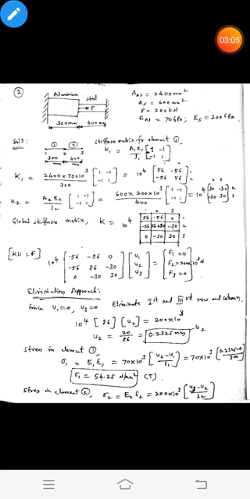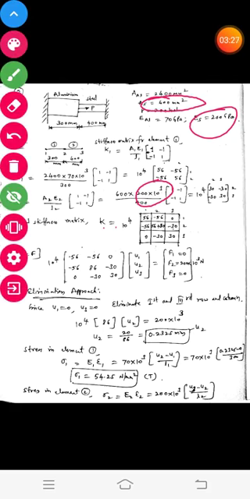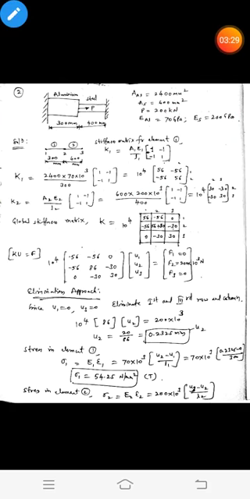Now next, stiffness matrix for element 2, that is A2 E2 by L2. Order of the matrix 2 cross 2, that is 1 minus 1 minus 1 1. Area of the element 2 given is 600, that is area of steel material, and Young's modulus of steel material 210⁻⁴. And next the length of the element 2 is 400 mm, that is given.